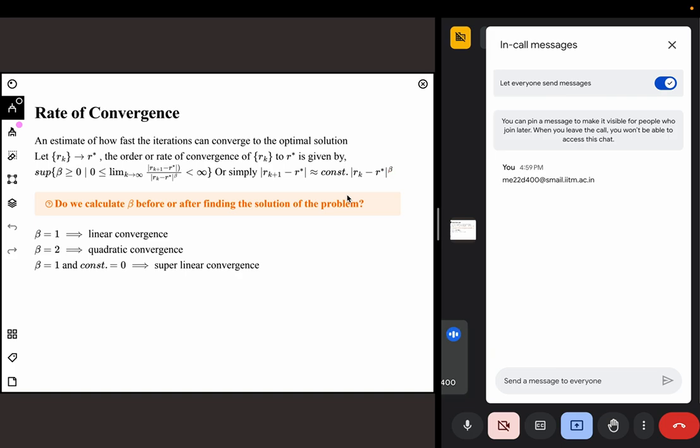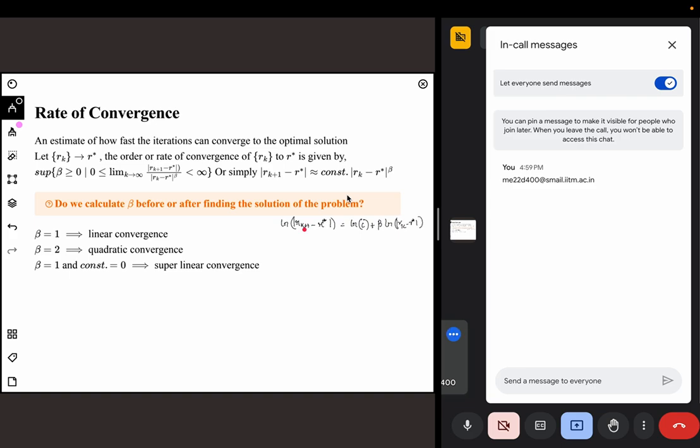So how do we calculate this beta? We generate the sequence until we reach R star, and then once we have R star, we can find this value. You can plot it, or you can directly take the logarithm on both sides: ln of R_{k+1} minus R star equals ln of the constant plus beta times ln of R_k minus R star.